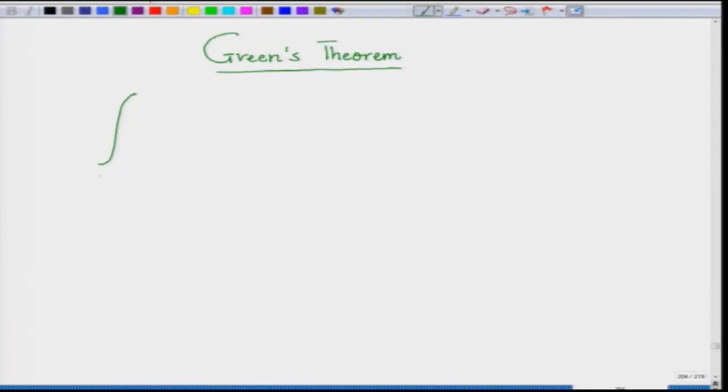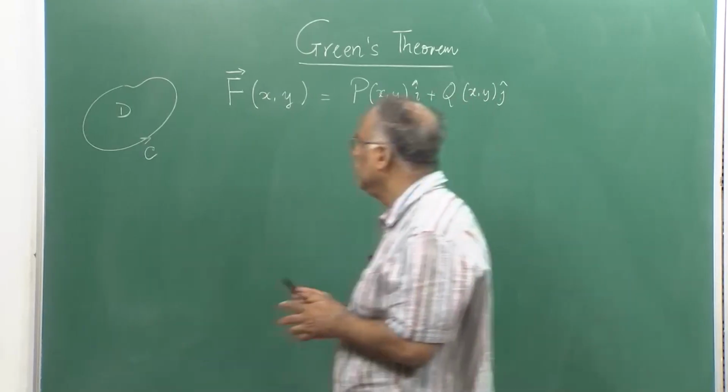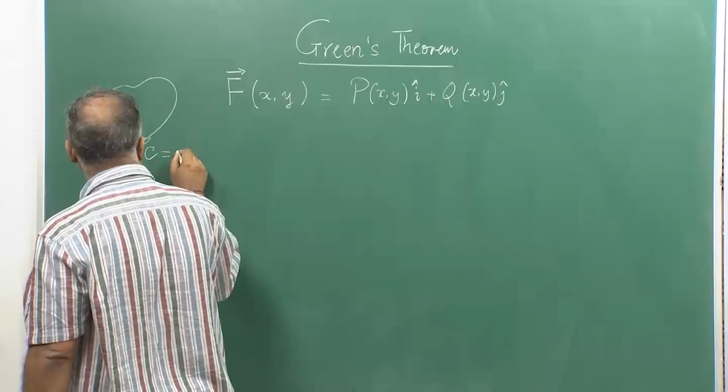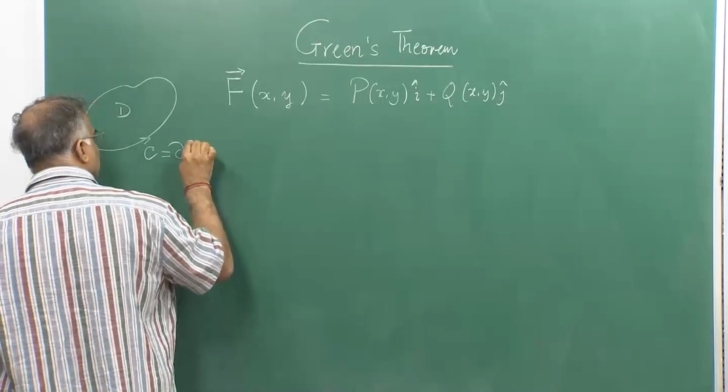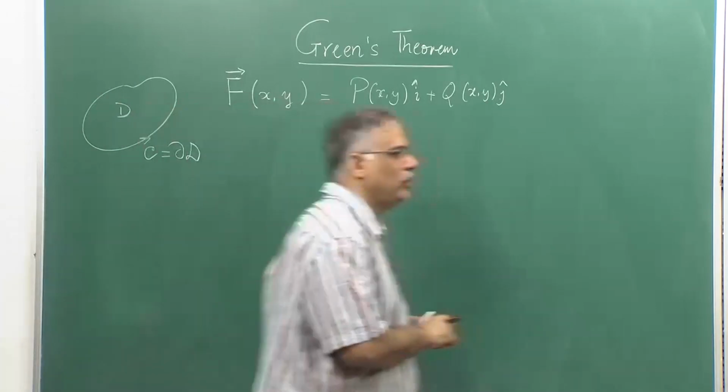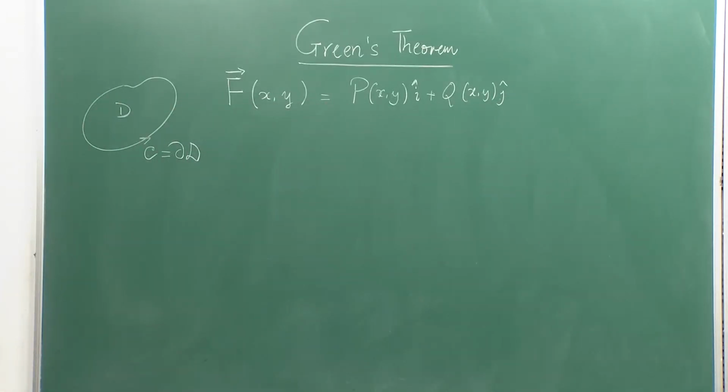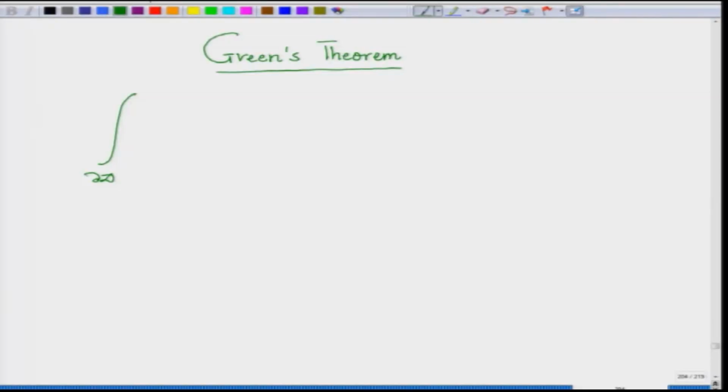This curve C is the boundary of the domain D. So, they write this as del D. I will follow the book's approach. So, it is the integral over del D of P dx plus Q dy.